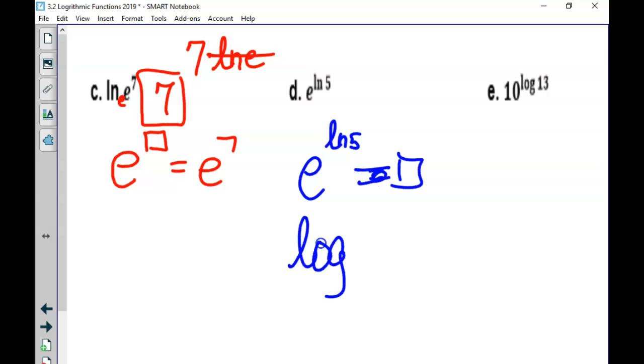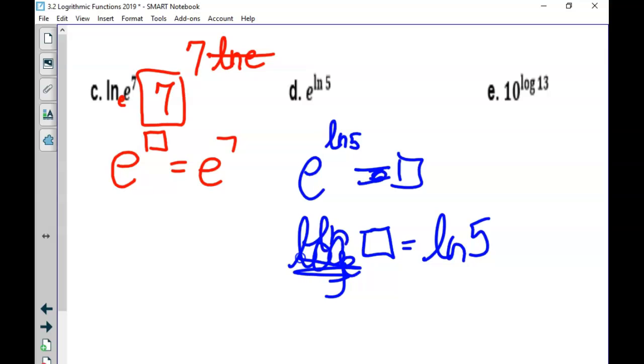You would say log base e of something equals ln of 5. Well, this is really ln, right? Log base e is really ln. So then we just get 5. That was not a good explanation.